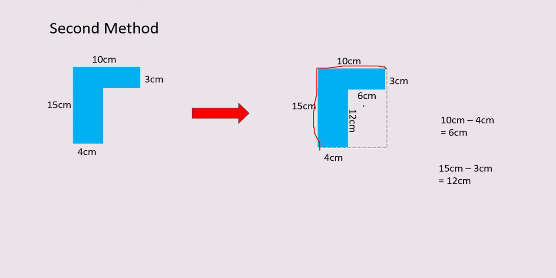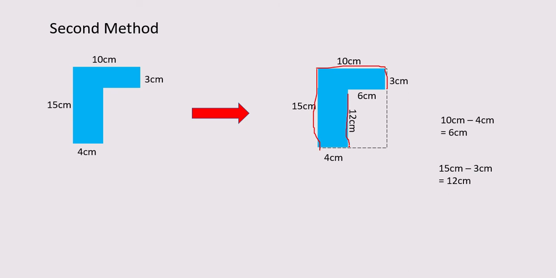Now we've already gotten our area. By subtracting 4 from 10, this area from this area we have 6 centimeter, and by subtracting 3 from 15, that is this point from this point, this gives us 12 centimeter.